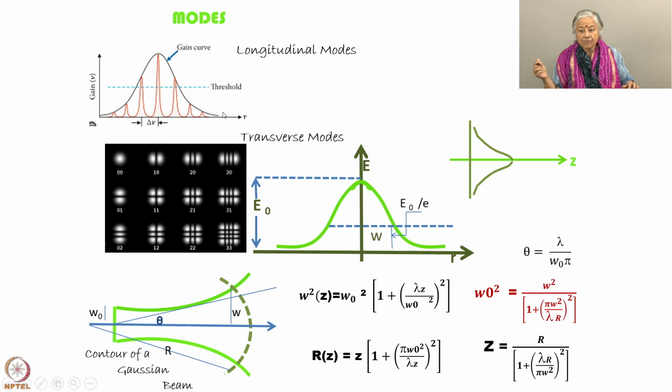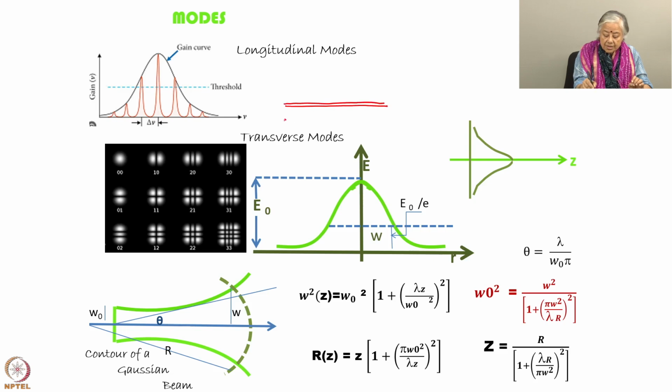So, actually this is one axis. If I have an axis like this, that means the laser beam is travelling like this, very close to the axis.